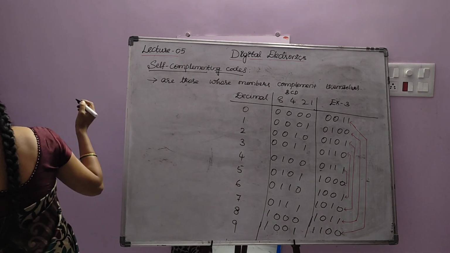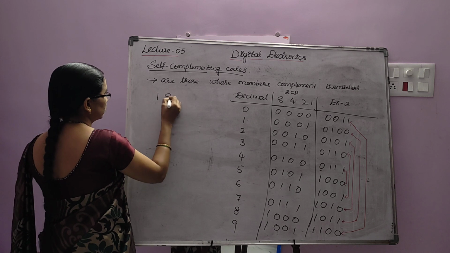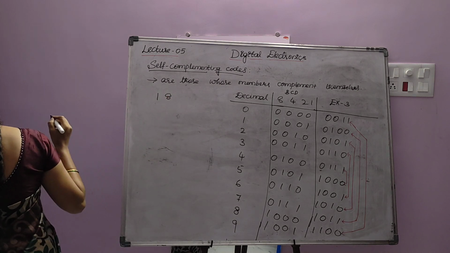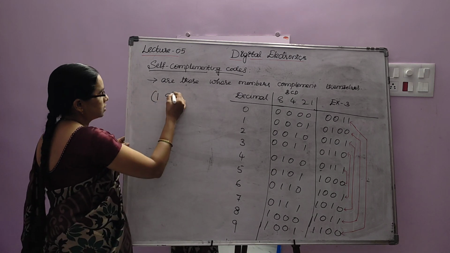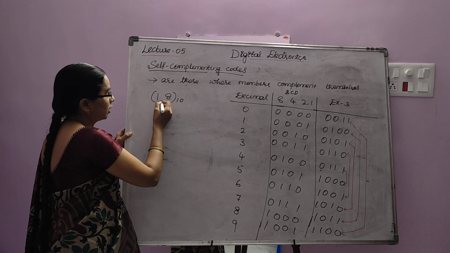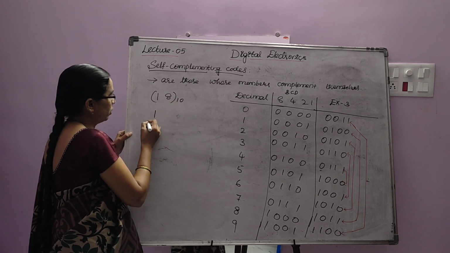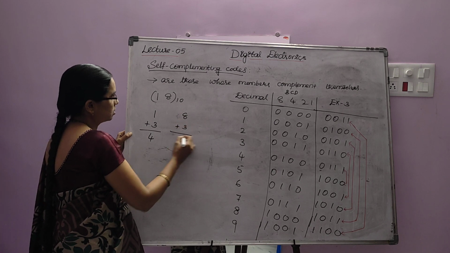Take the textbook example, that is 18. The decimal equivalent 18 can be converted into excess 3: 1 plus 3 that is 4, 8 plus 3 that is 11.